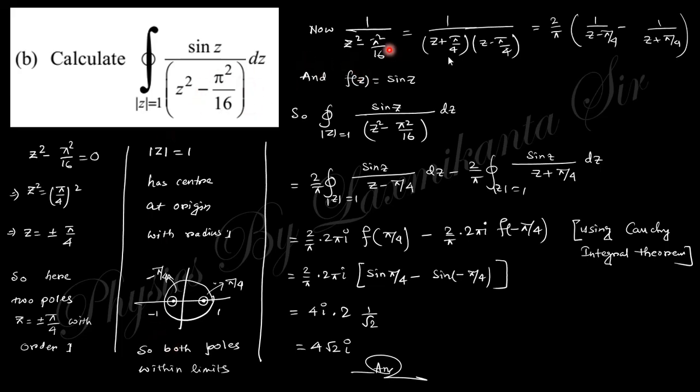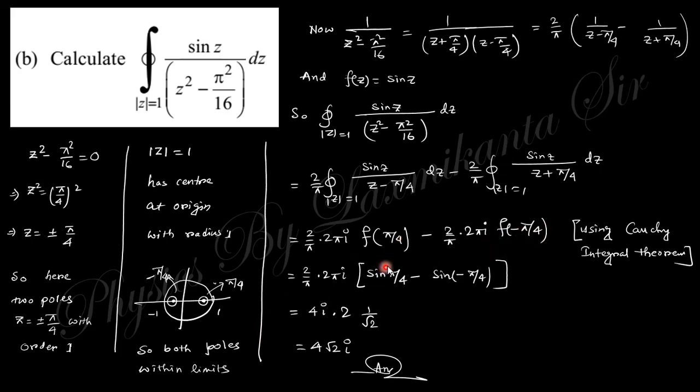So this one is written like that, separate it out, and the integral is deconvoluted like that, and this integral value can be replaced by this one by Cauchy integral theorem, that is 2 pi i f of pi by 4 and this is also 2 pi i f of minus pi by 4.